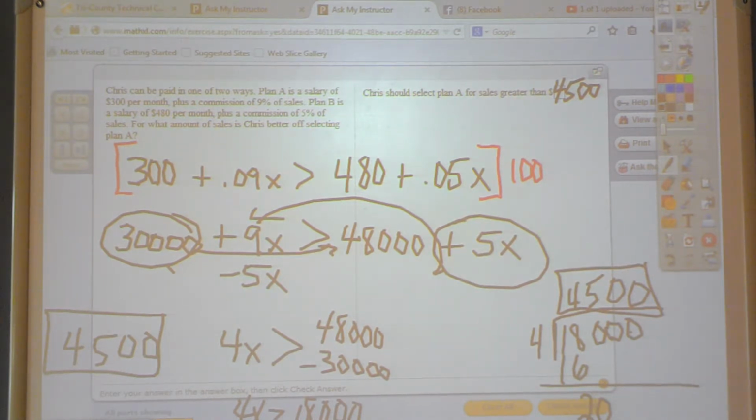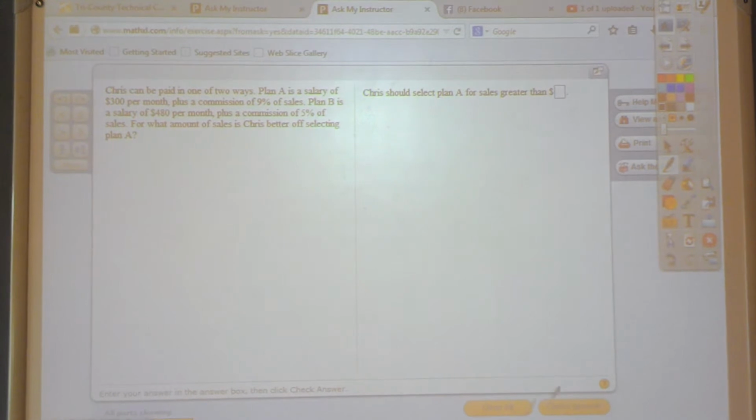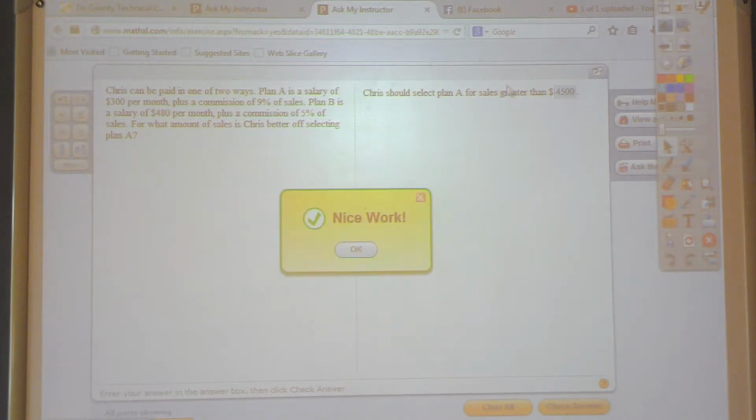Let's try another one of those. I think y'all deserve another one. Let's put in 4,500 so y'all can see that I ain't crazy. I may be crazy, but I know my math. All right.